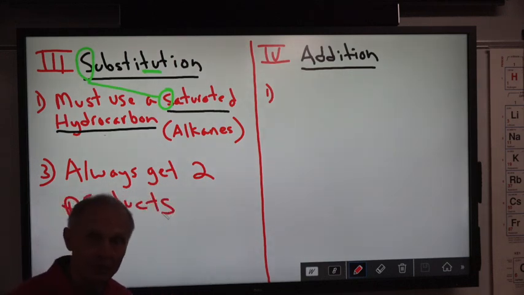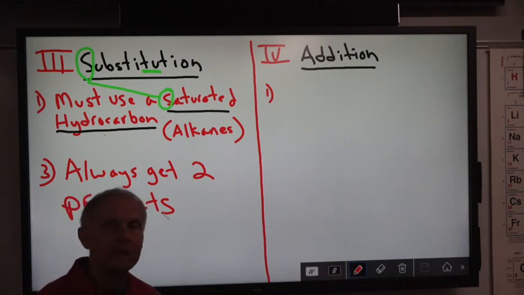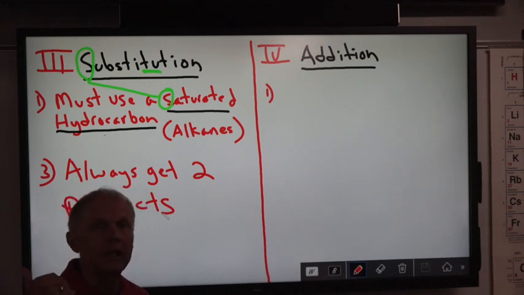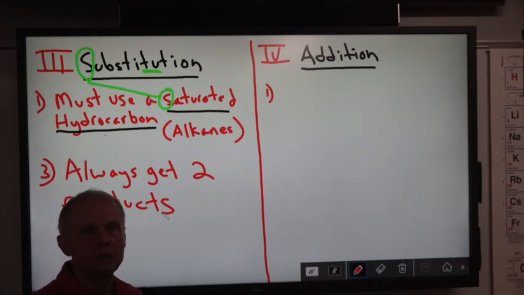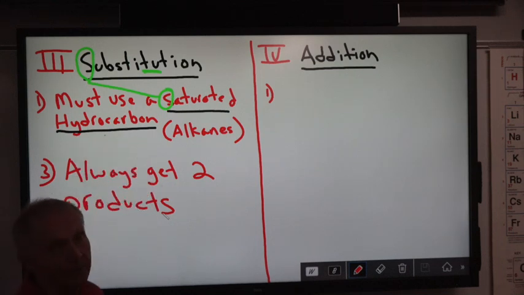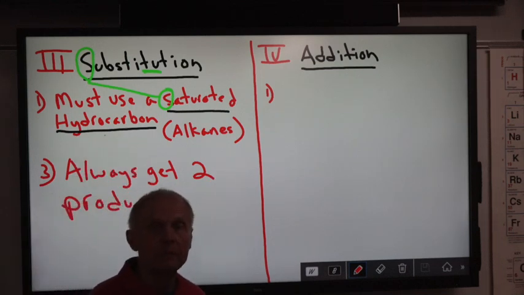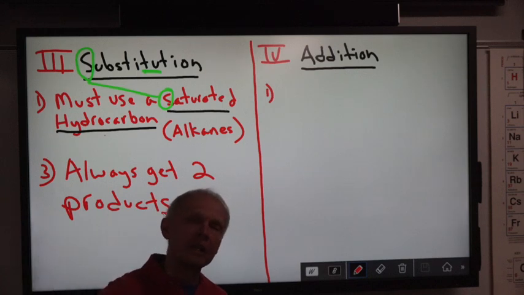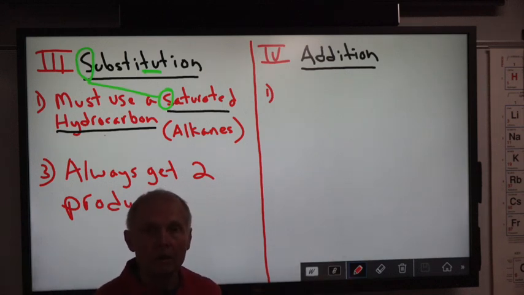So that's substitution. One more time. The S stands for saturated hydrocarbons like alkanes. You're going to substitute something in, and if you substitute something in, something must come out. And usually you substitute halogens in, and hydrogens get blown off the hydrocarbon chain. All right, that's substitution. Addition, like we talked about, is you bring something in, but nothing comes out. You're adding it to something already there.